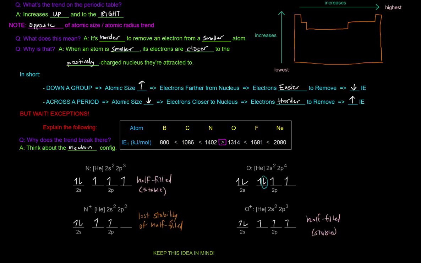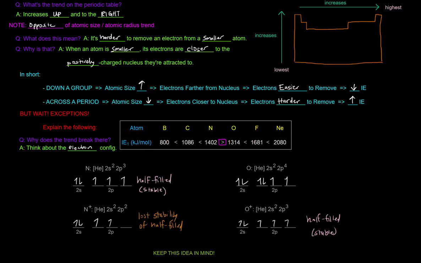What we see here is that with nitrogen, ruining that stability of being half filled is going to require a lot more energy than ripping off the electron for oxygen, because taking off this electron from oxygen actually results in a somewhat stable configuration with the orbitals half filled.